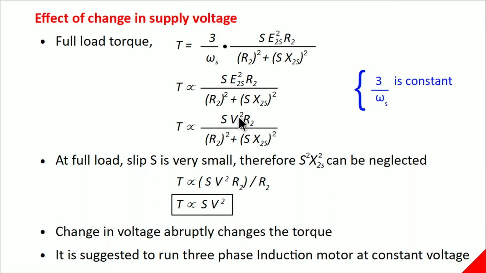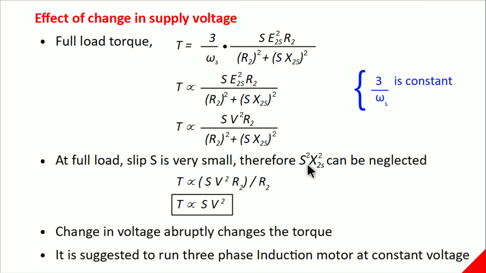So we substitute V for E2S, and E2S square becomes V square. Again, you can see that in this torque formula, the standstill EMF induced in the rotor per phase depends upon the supply voltage. It is proportional to voltage, so E2S square can be replaced by V square. The rest of the equation is the same. Another supposition we have to make is that at full load the slip is very small, therefore the square of the slip is further small and can be neglected.